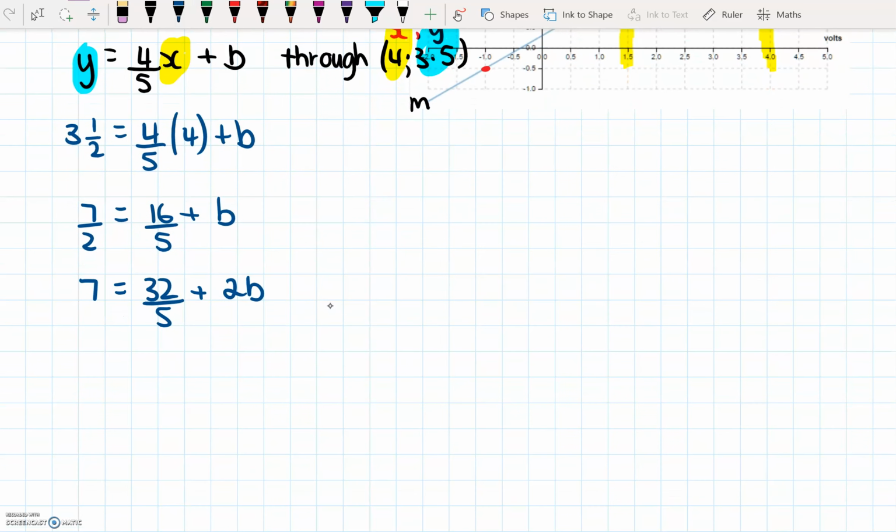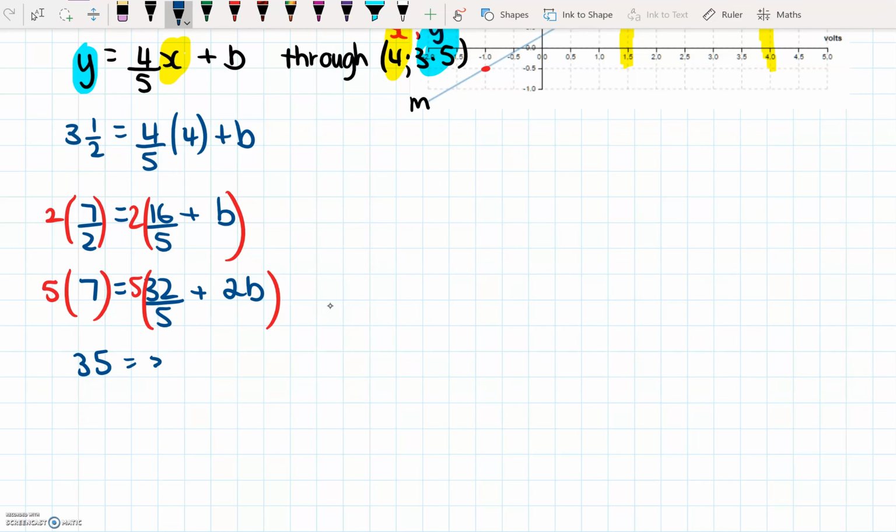Now I want to get rid of the 5, so I'm going to multiply everything by 5. So 5 times 7, so we did 2 times here. Now we're going to do 5 times everything, to get rid of everything there. So 5 times 7 is 35 is equal to, the 5s will cancel, so we get 32 plus 10b.